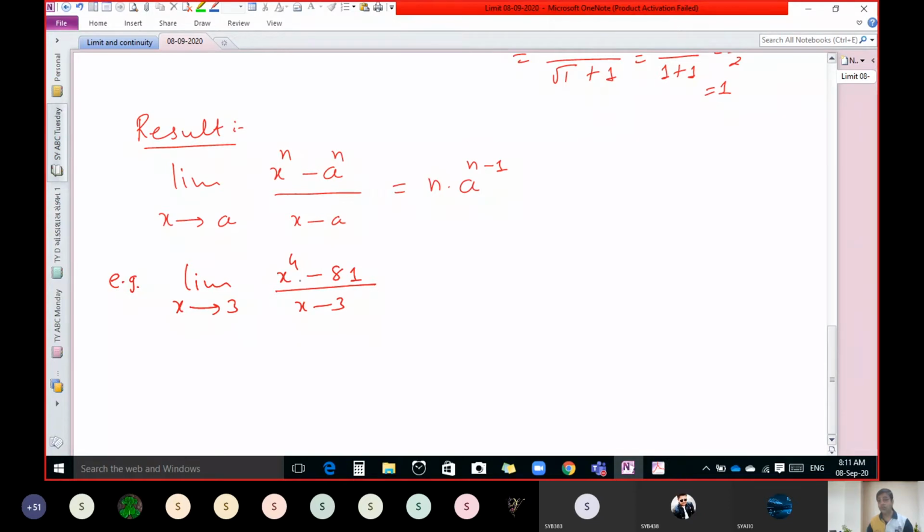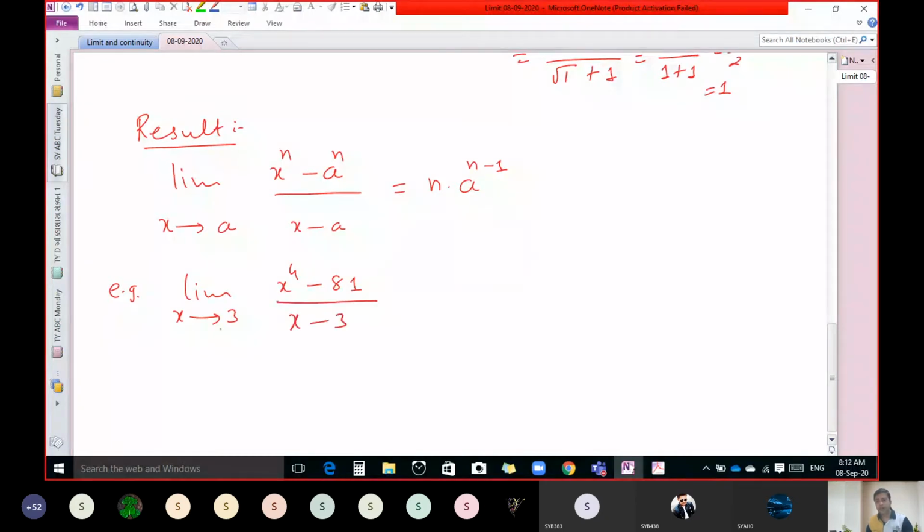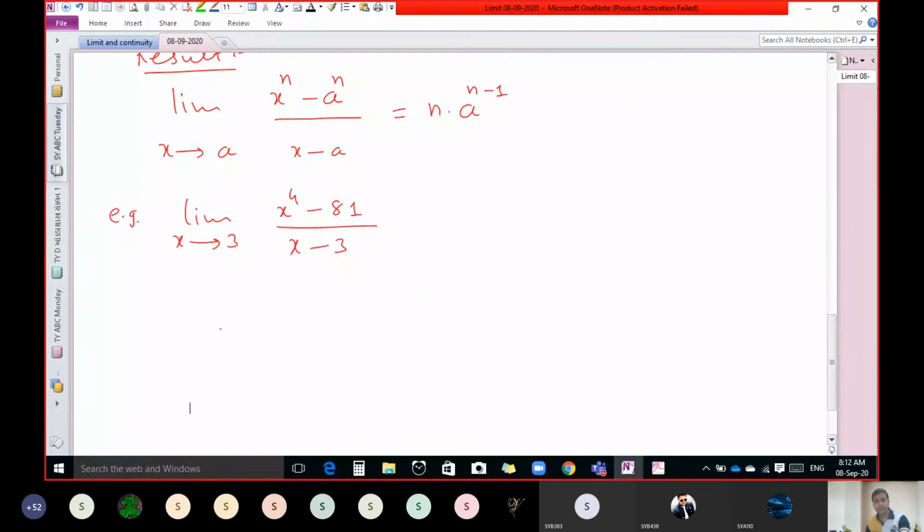Now you have two choices. You can use this result directly and you will get the answer. Or you can factorize.